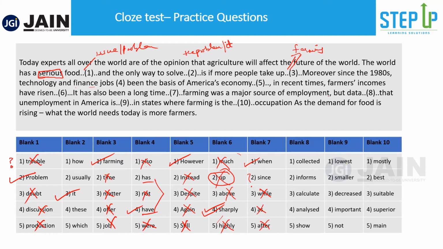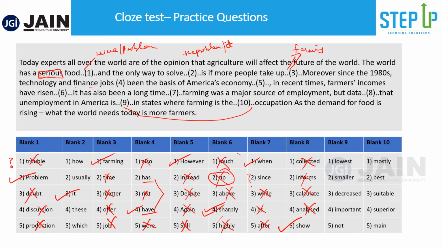So but data collected that, no, but data informs, calculate, analyzed, data show, right? Because data doesn't inform, data doesn't calculate, data doesn't analyze, right? Data show that unemployment in America is dash in states where farming is the dash occupation. Is, what should it be? Now these two would go together somewhere, right? 9 and 10, right? Similar in nature.